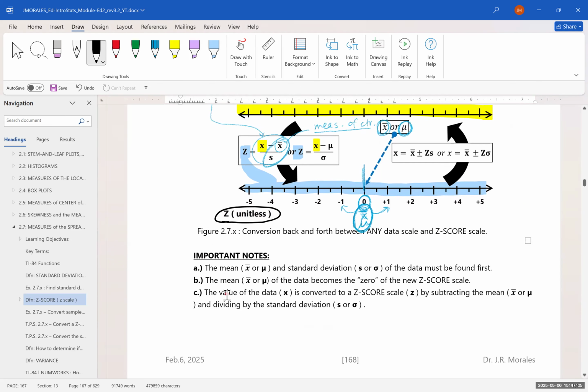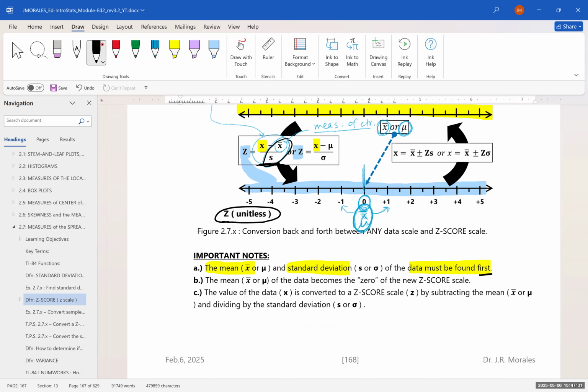So let's kind of review these notes that I've got regarding conversion into a z-scale. The mean and the standard deviation of the data must be found first. Okay. It has to be found first because you need to use it in order to simplify the right-hand side of this expression.